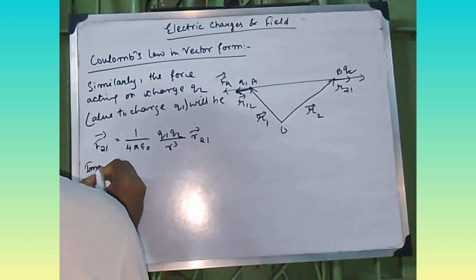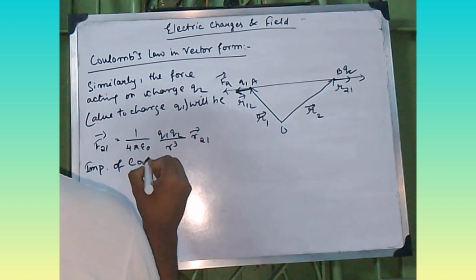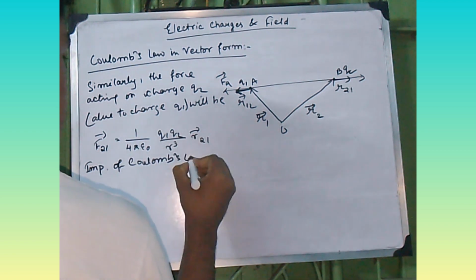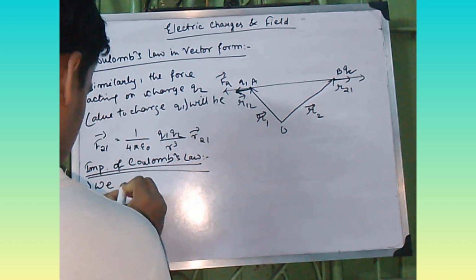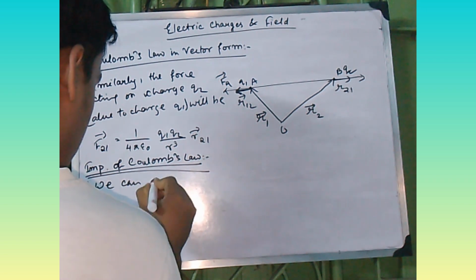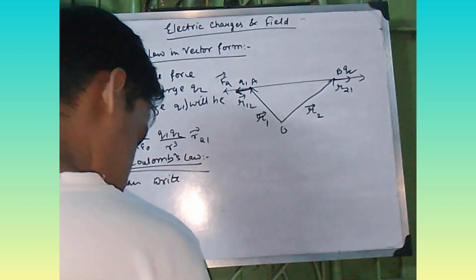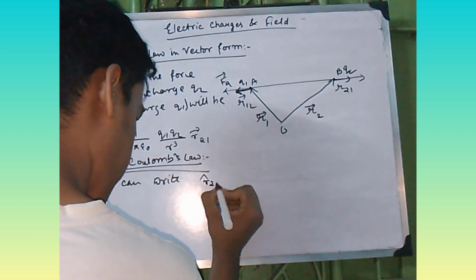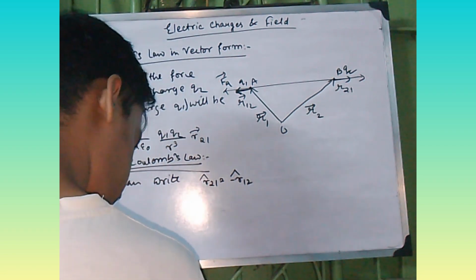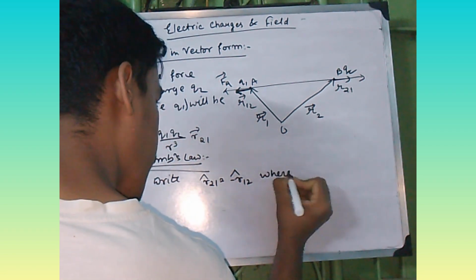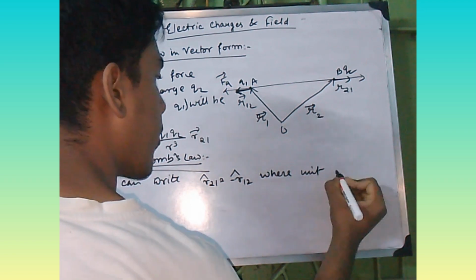Let's now move on to the importance of Coulomb's law in vector form. We can write unit vector r21 equals minus unit vector r12.